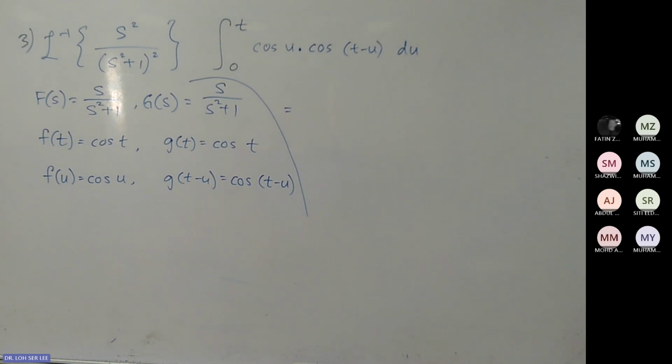Let me check whether your appendix has the identity. This one we have to change.